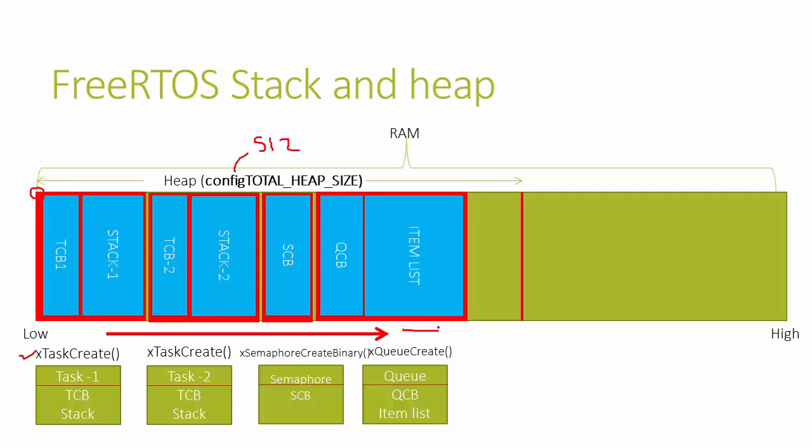The heap grows in this direction. A typical RTOS application will have a couple of tasks, a semaphore, a queue, a mutex, etc. All these are called dynamically allocated kernel objects. And other spaces of the RAM will be used for global data, arrays, and static variables.